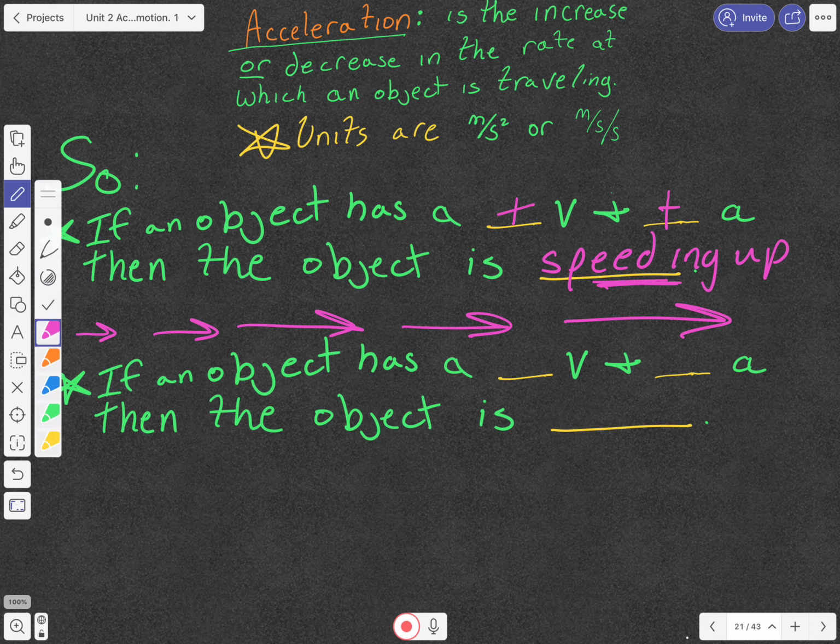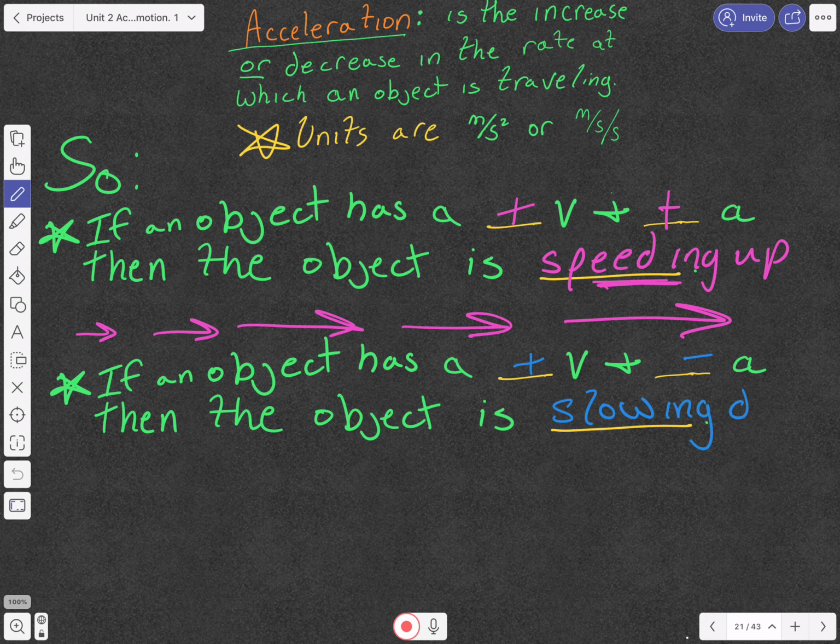So that being said, if we have a positive velocity but a negative acceleration, then our object is going to be slowing down. Again, this should make some intuitive sense.